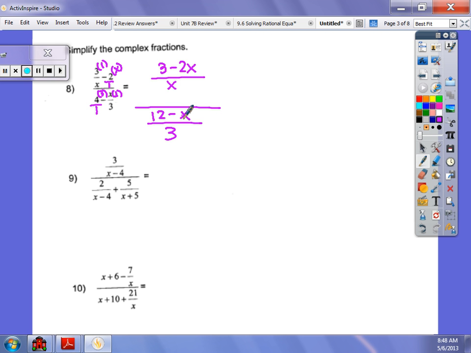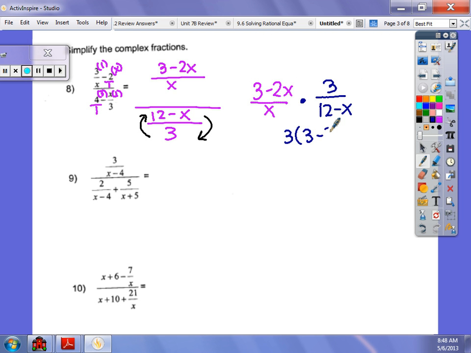Now the next thing you're going to do is flip your denominator. When you flip your denominator, what you're going to do is bring it up and change your fraction bar, which is this thing, into multiplication. And now the final step will be to multiply from left to right.